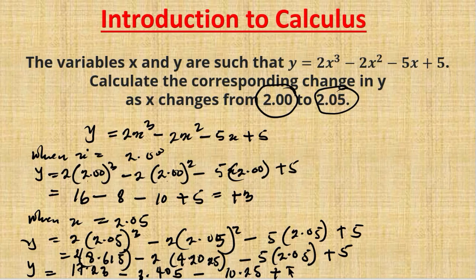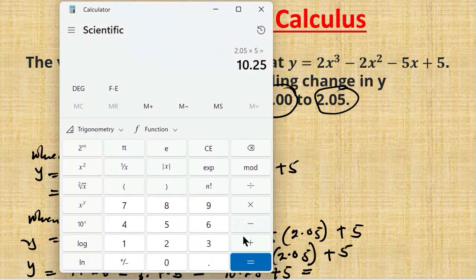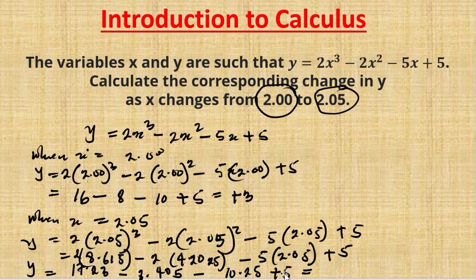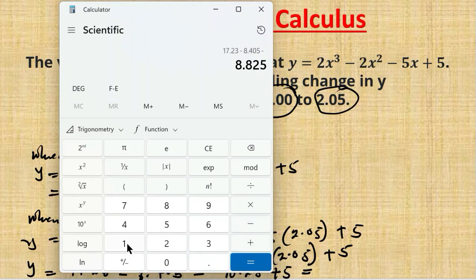That will be the same thing as 17.23 minus 8.405 minus 10.25 and plus 5.